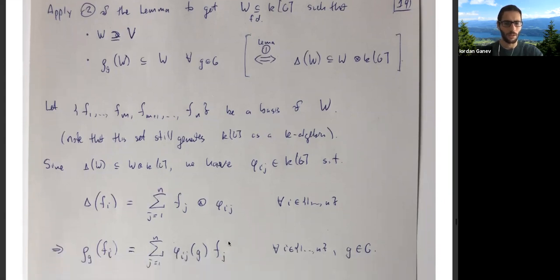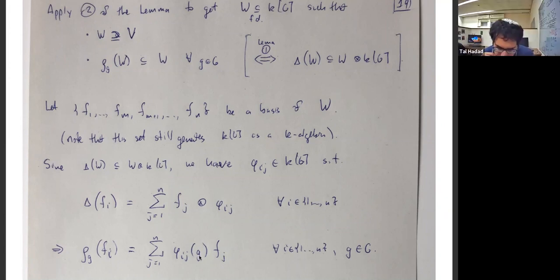And that same computation I keep referring to tells us that when we apply rho sub G to F_i, we get this sort of identity. Here it's really a linear combination of the f sub j's with coefficients given by taking each of these functions and evaluating them at this G. So the G here is reflected here. Okay. Everybody good so far?